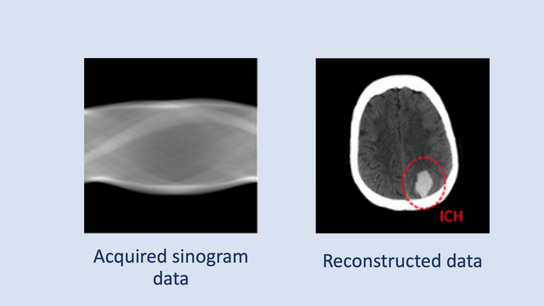Then each machine takes this crazy spirally looking thing and does what's called reconstructions. And at that point, what it's trying to do is reconstruct it with mathematical formulas with the goal of making the images pleasing to two human eyes, and also to demonstrate the pathology as well as possible, such as here where I can see a small intracranial hemorrhage circled.